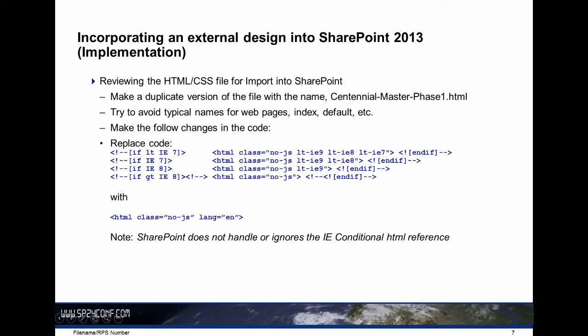And what we found in this process is that SharePoint does not like the IE conditional statements within HTML. So we need to really take that out and use the following for the HTML tag.